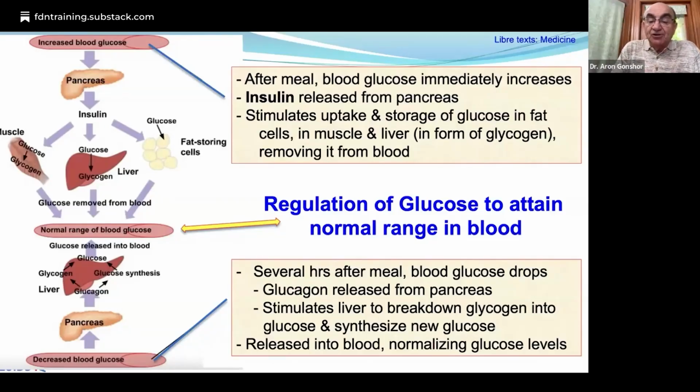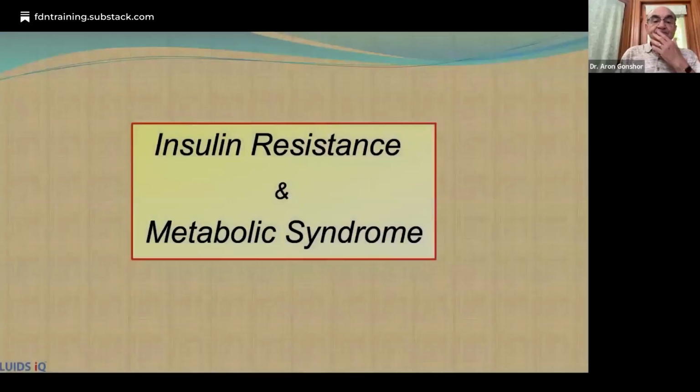It breaks it down into glucose and it actually synthesizes new glucose. And that is released into the blood. And what does all that do? It normalizes those glucose levels again. So all of this is happening to keep glucose levels in a normal range in blood.